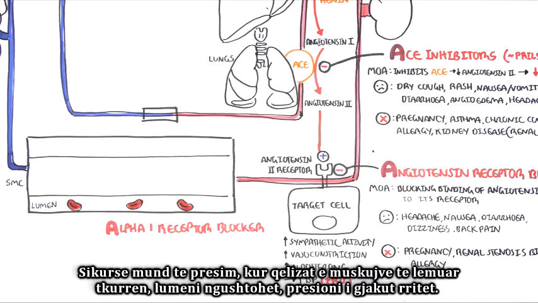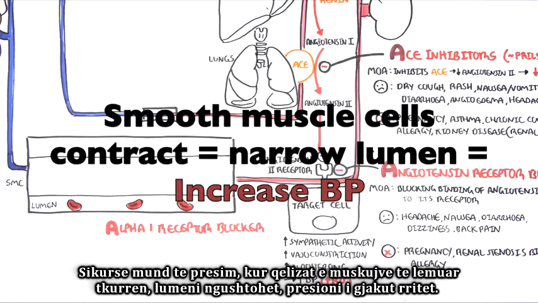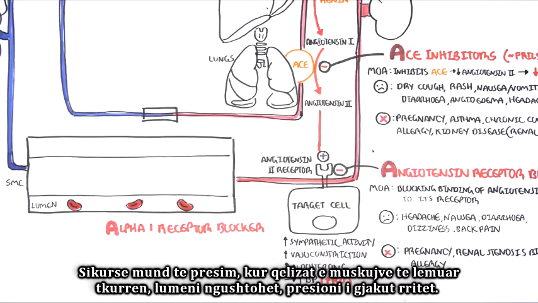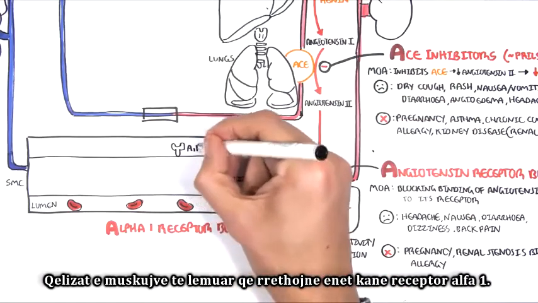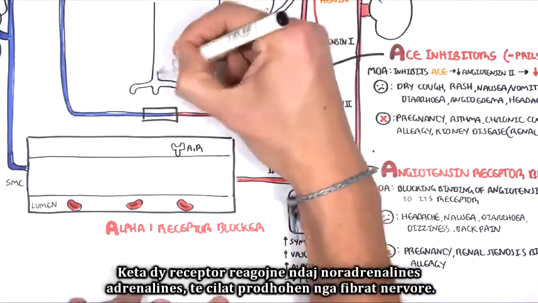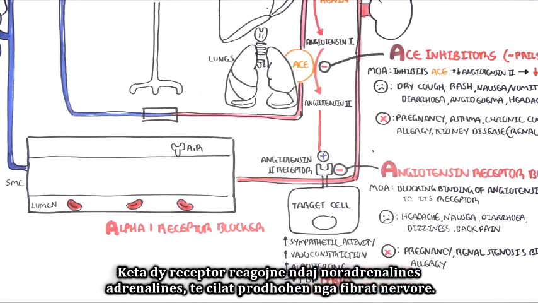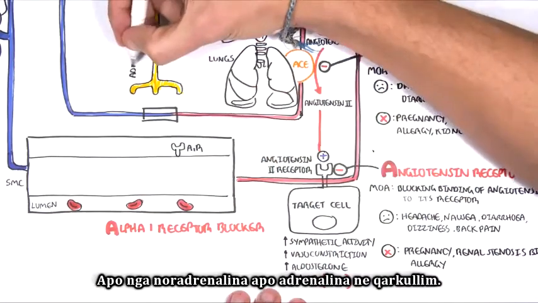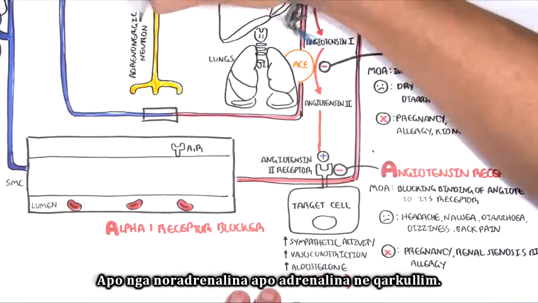As you might suspect, when the smooth muscle cells contract and the lumen becomes smaller, the blood pressure increases. The smooth muscle cells that surround the vessels have alpha-1 receptors. These receptors react to adrenaline produced by the nerve fibers or from adrenaline in circulation.